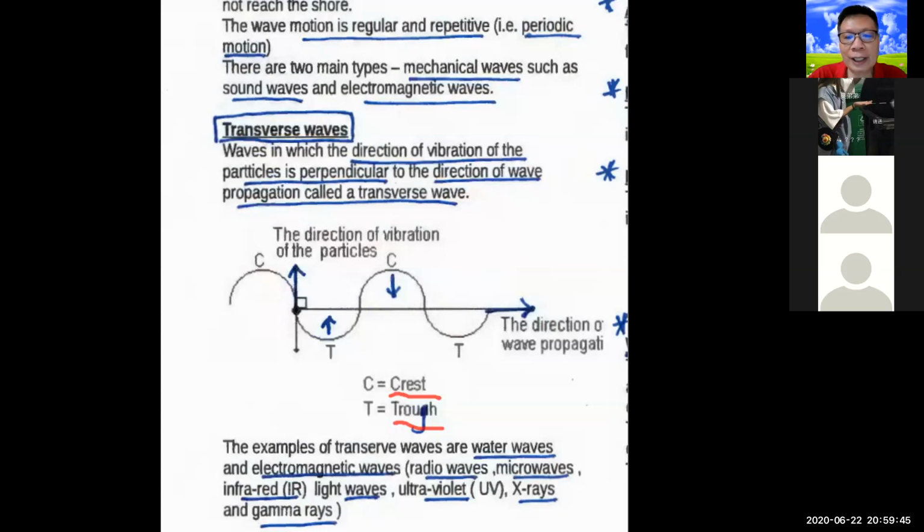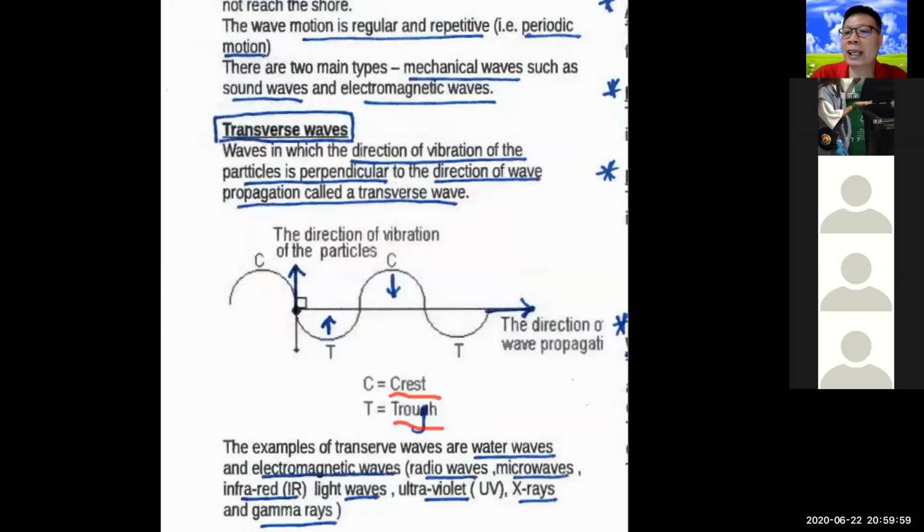Zhong Chao Yi, are you here? Zhong Chao Yi here or not? Zhong Chao Yi, can you tell me now what is transverse wave? How to explain transverse wave?